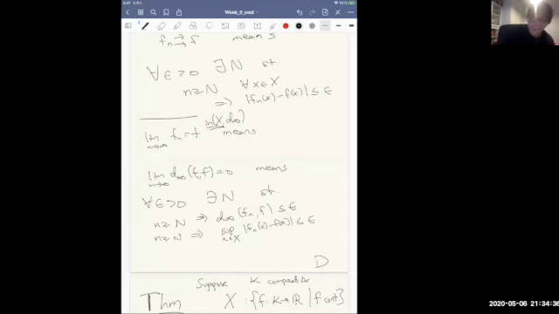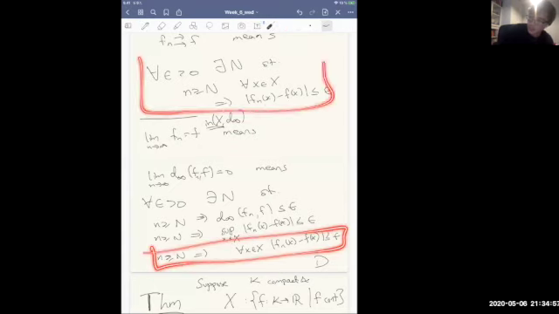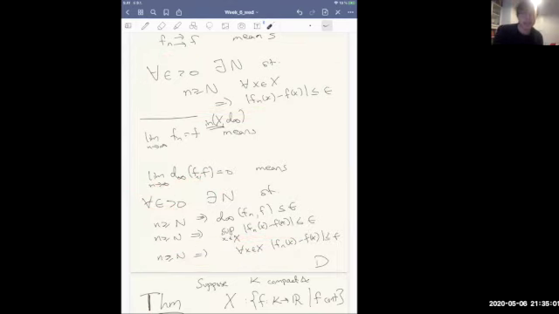But a supremum being less than epsilon, a slightly weaker condition is that for all x, epsilon is an upper bound. So another way of stating this inequality is that for all x in X, |fn(x) - f(x)| is less than epsilon. But lo and behold, we got exactly the statement that we had here. So these are the same statement in disguise.